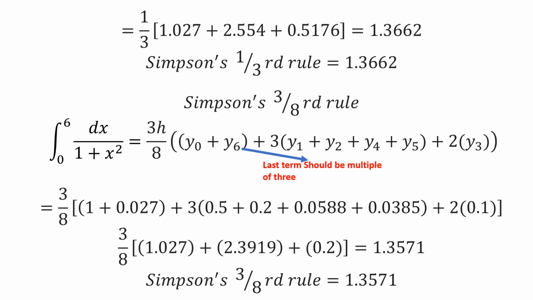Accordingly, you have to manage how to add the terms in this way. Further, you put in the values like y0 from the table, y6 from the table, y1, y2, y4, y5, and solve it. The answer will be 1.357. So that is Simpson 3 by 8 and its value.